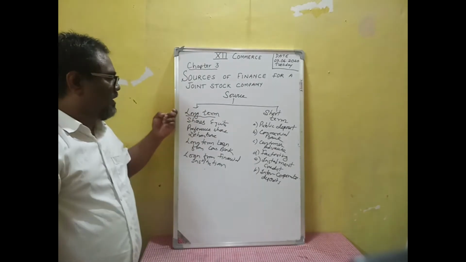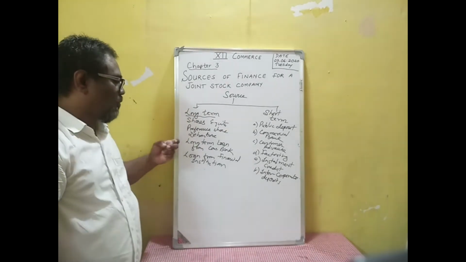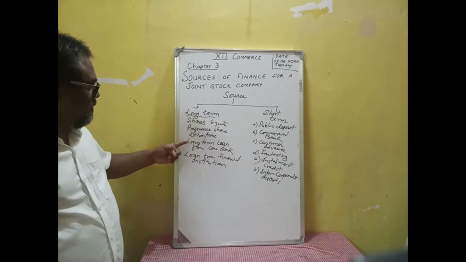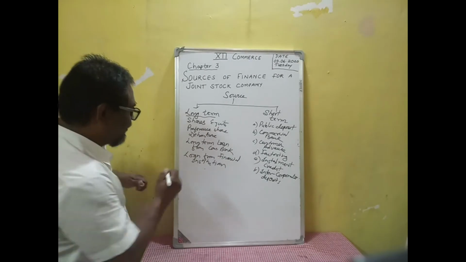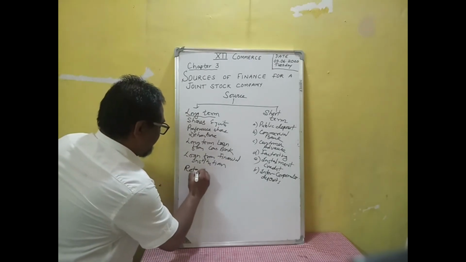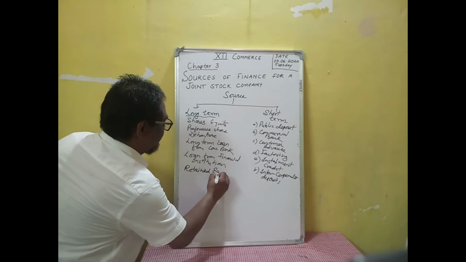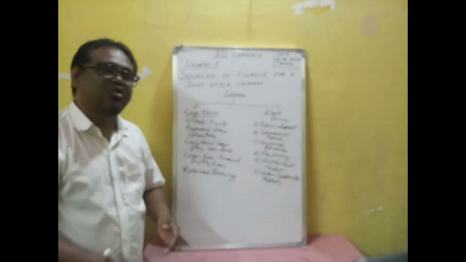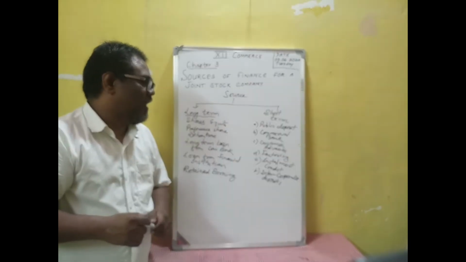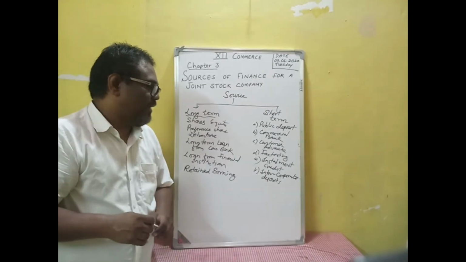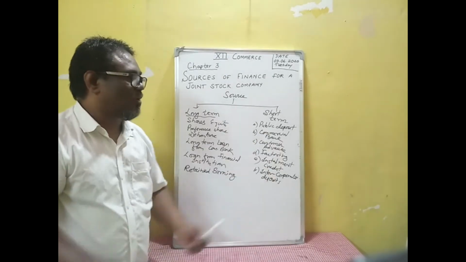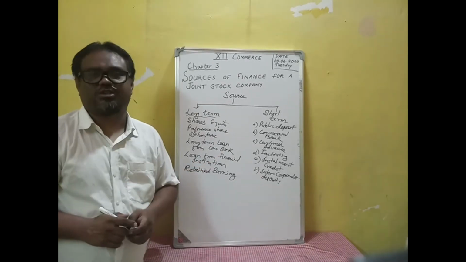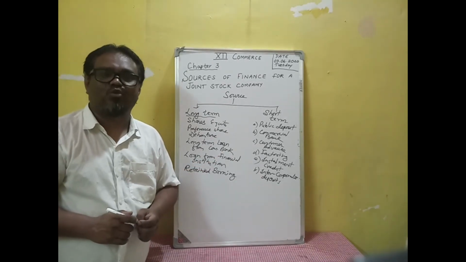Long-term sources are equity share, preference share, debentures, long-term loan from commercial bank, long-term loan from financial institutions, and also retained earning. Short-term sources are public deposit, commercial bank, customer advance, factoring, installment credit, and intercorporate deposits. So these are the short-term sources of fund for a joint stock company.